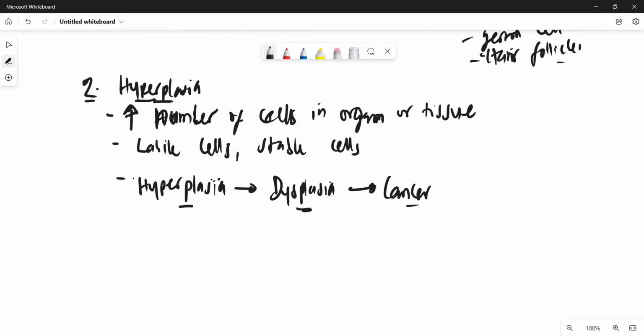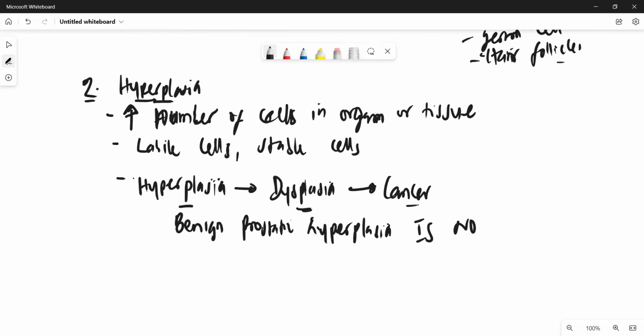But one of the exceptions to that rule that we need to remember for the exam is benign prostatic hyperplasia. This is very important because they can ask: it is not a risk factor for prostate cancer.